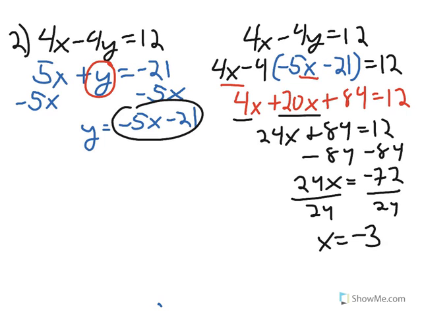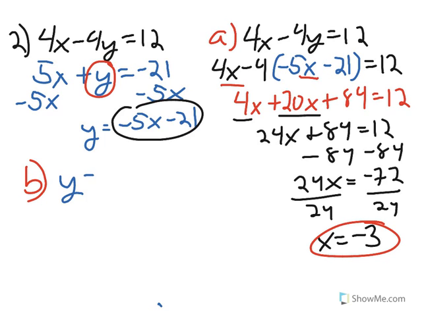All right, so here I have my answer for x. So my next step, I'm going to go ahead and label. This was step A. And then for step B, I'm going to plug this in. So I'm going to come back to my blue equation. y equals negative 5x minus 21. I'm going to take this, plug it in for x.